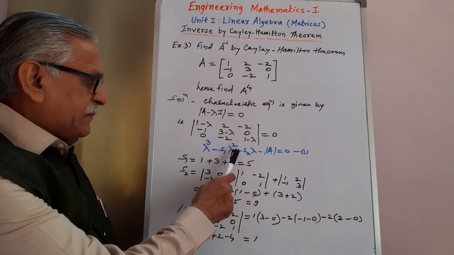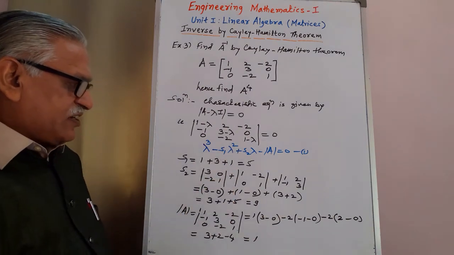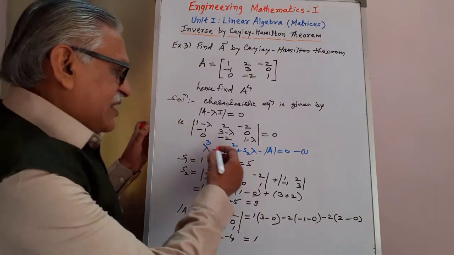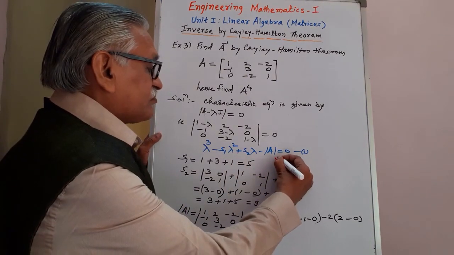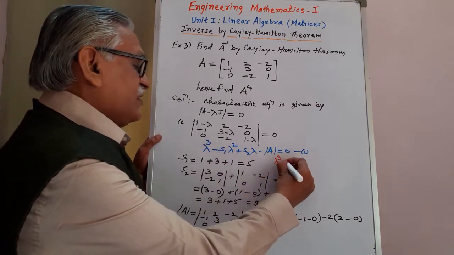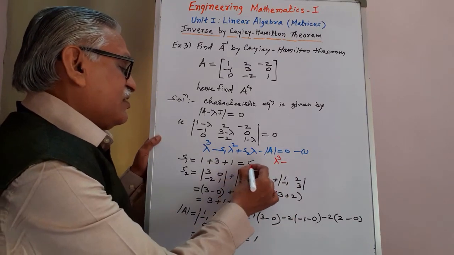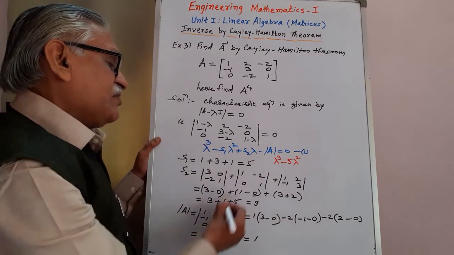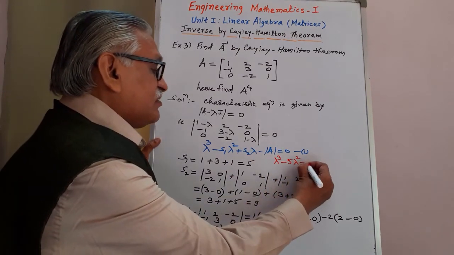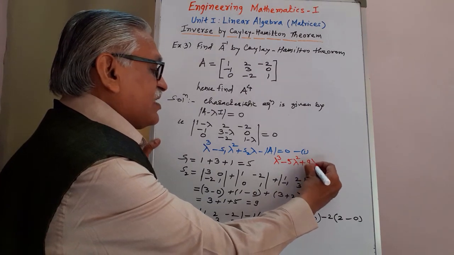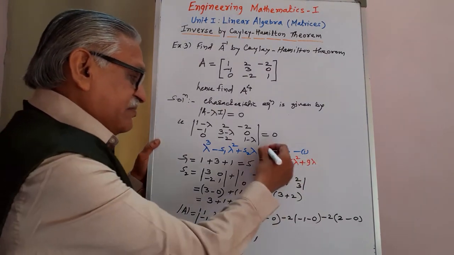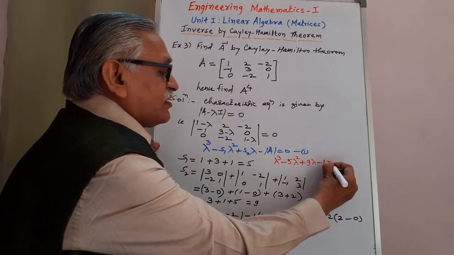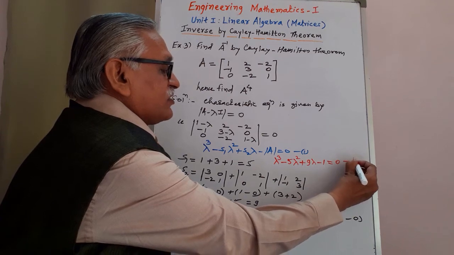Putting these values in equation 1, it becomes lambda cube minus s1 lambda square, 5 lambda square, plus s2 lambda, 9 lambda, and minus determinant of A, the value of determinant of A is 1, therefore minus 1 equals 0. We call this equation 2.